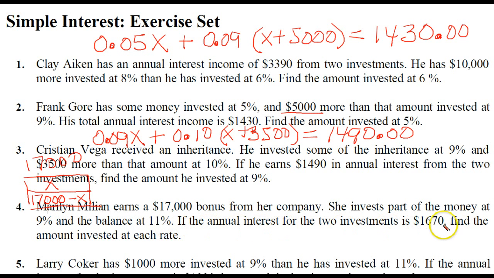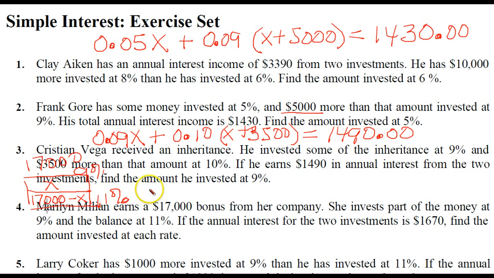This is the interest she earns. Find the amount invested at each rate. So really doesn't make any difference. We're going to say the X is the 9% and this will be the 11%. You wonder, why would they invest at different rates? I'd invest it all at 11, but then we wouldn't have an algebra problem.